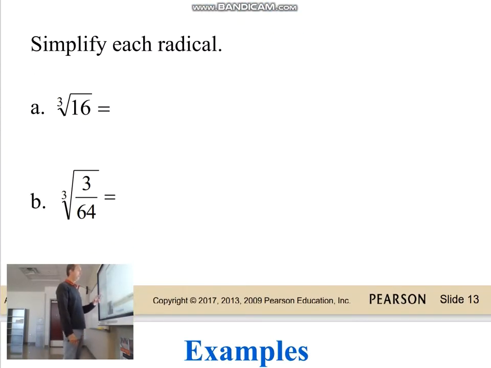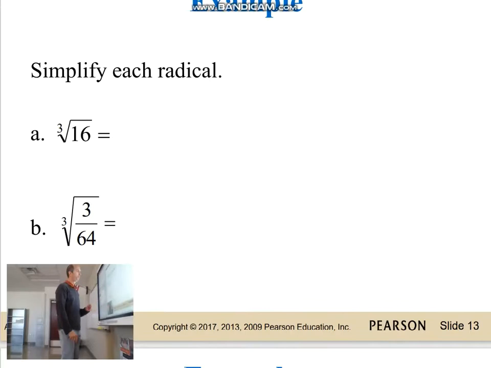More examples. Now we have some cube roots. Simplify each radical. And the first one, can you think about a perfect cube that you can break down 16 into? So we're talking about cube roots. Now we need to find perfect cubes. And definitely 8 is a perfect cube.